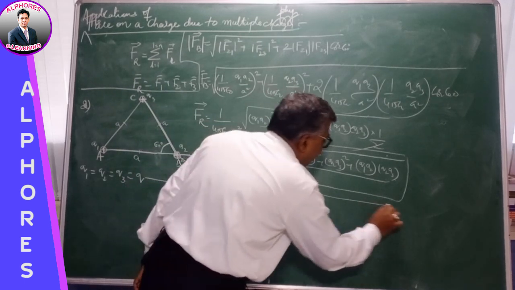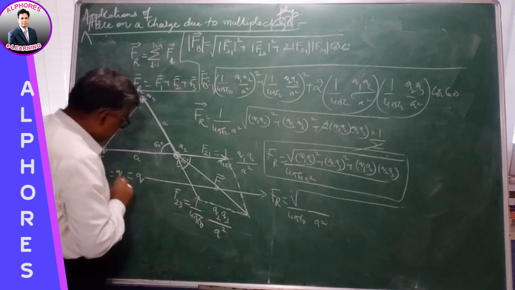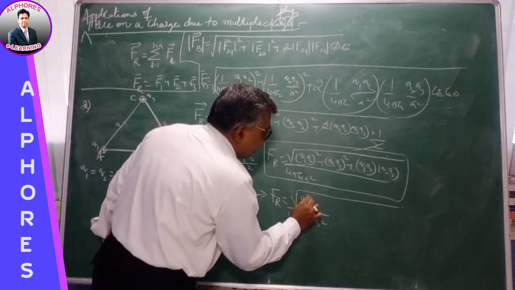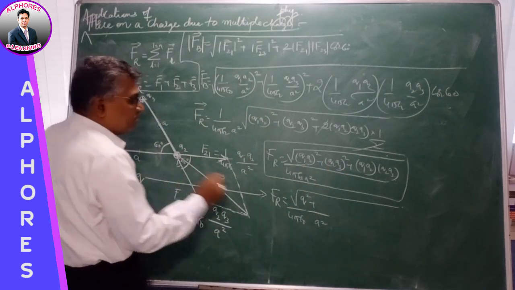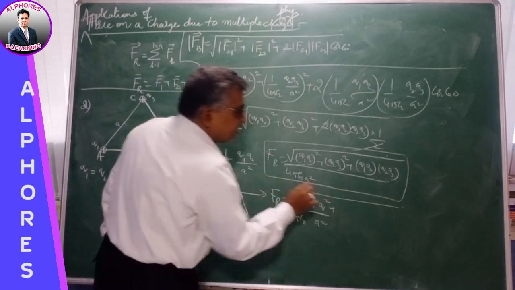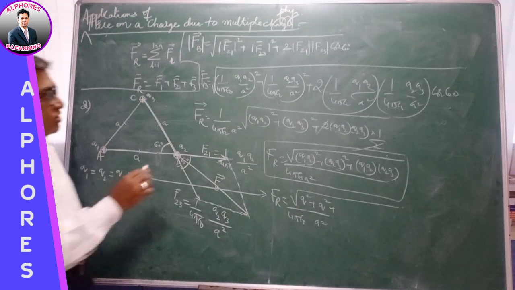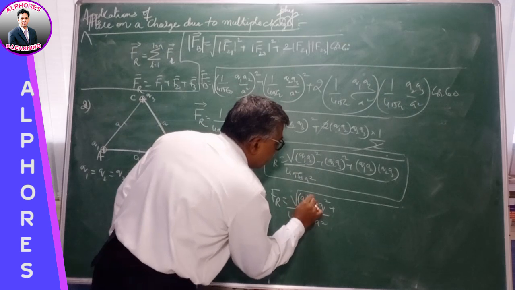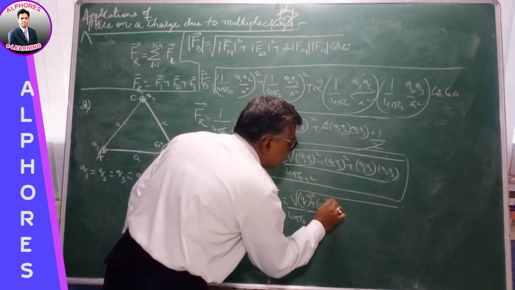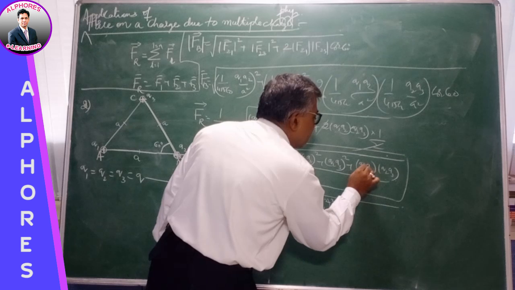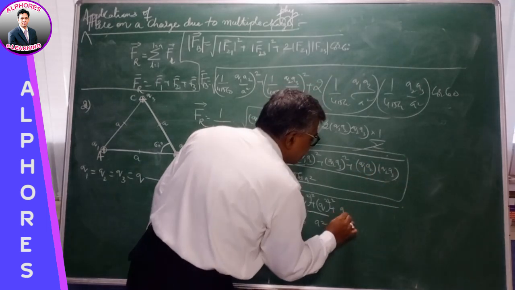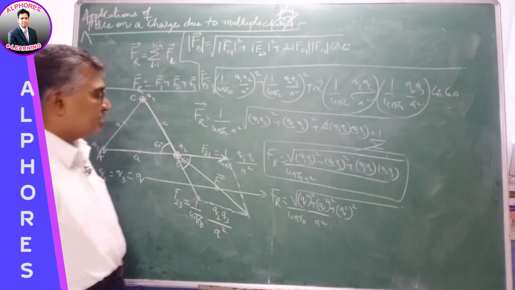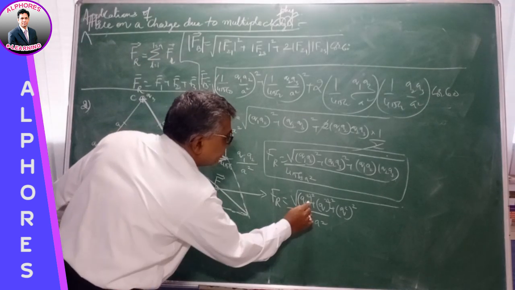It's under root of Q1 Q2, where Q1 is Q and Q2 is Q, so Q square. Q2 Q3 is the same, so it's Q square, right? So each term is Q square, whole square. Therefore Q square is common.